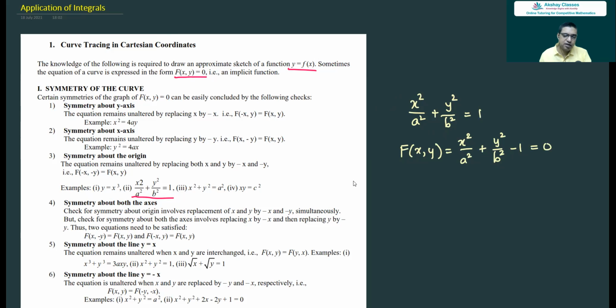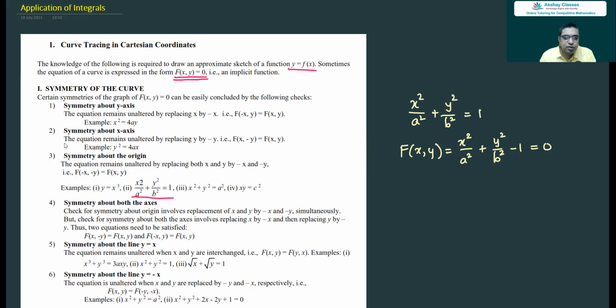That means we bring all the terms to one side of the equation and equate it to 0. So that is what is meant by writing the equation of the curve in the form F of x comma y equal to 0.